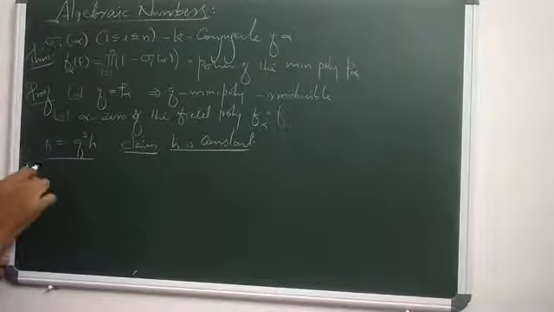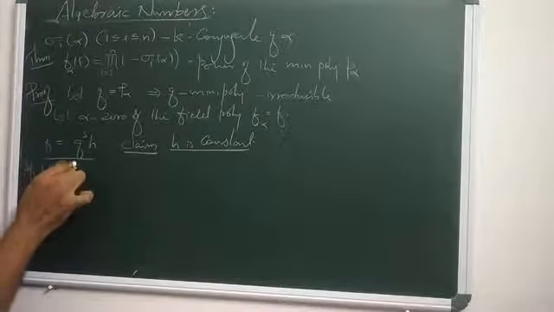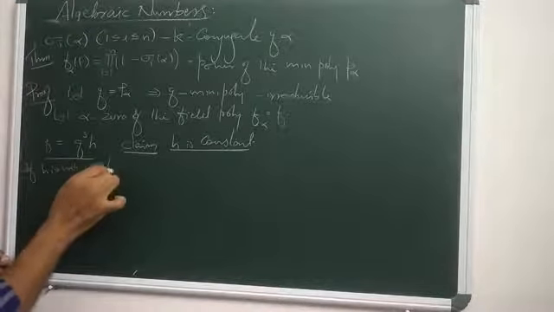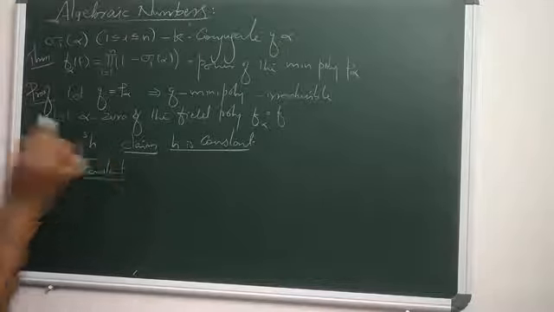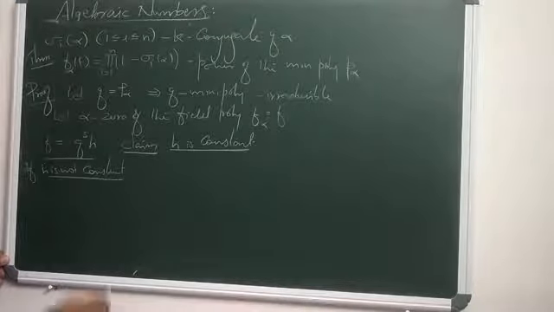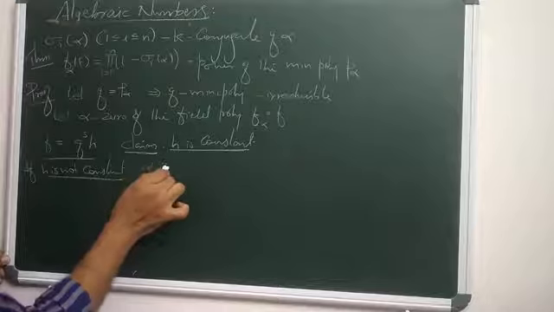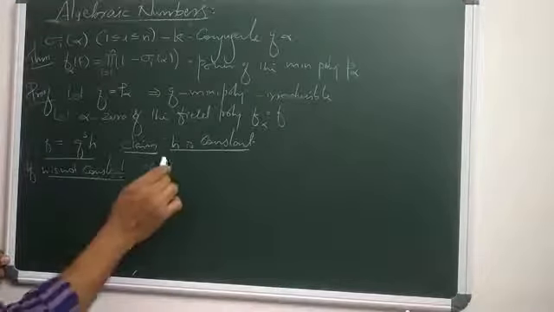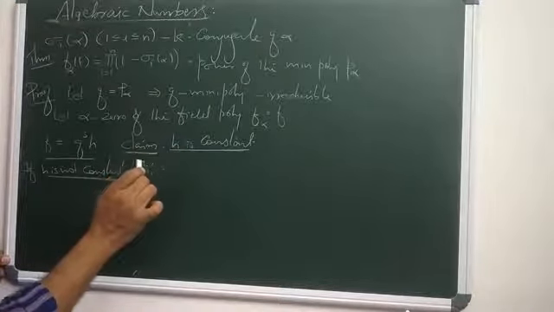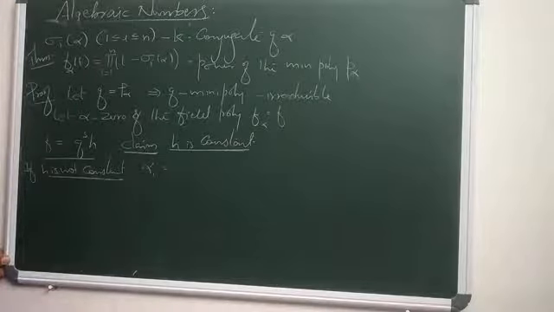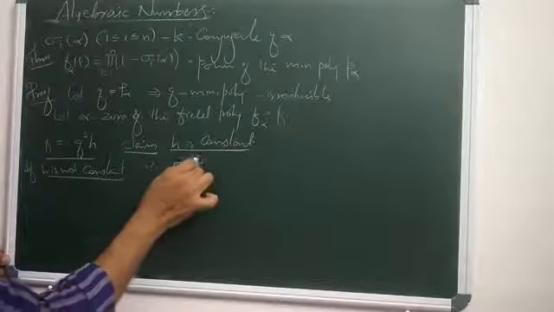If h is not constant, what happens there? Suppose h is not constant, then for some alpha i, alpha i equals sigma i of alpha. Why?